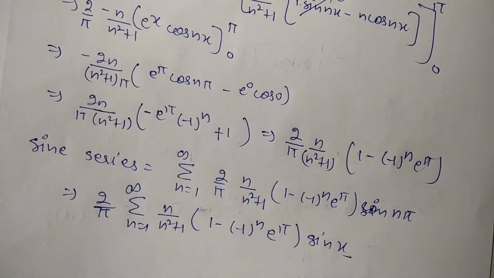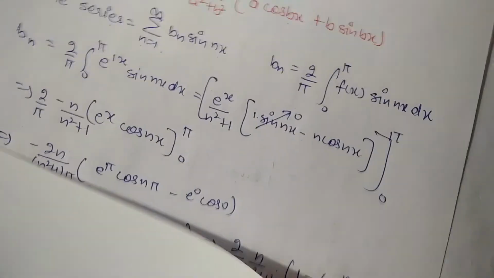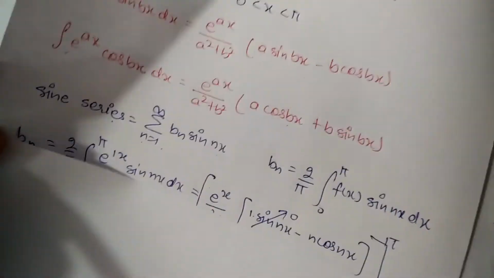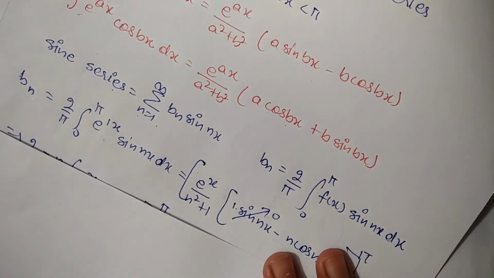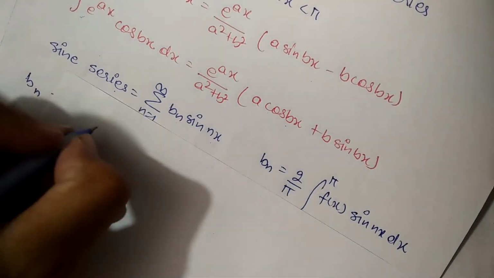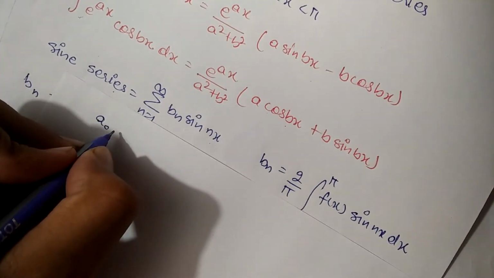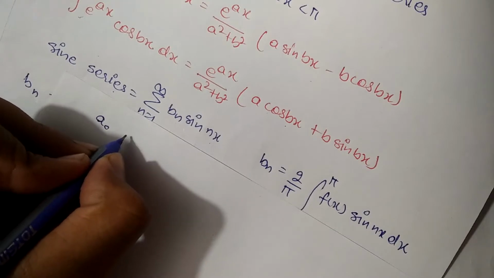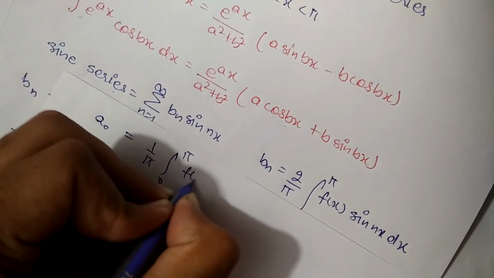Okay, now finally we have to calculate the cosine series, and for the cosine series we will first calculate the values of a naught and an. To calculate the value of a naught, a naught will be equal to 1 by pi integrating from 0 to pi the function f(x) dx.